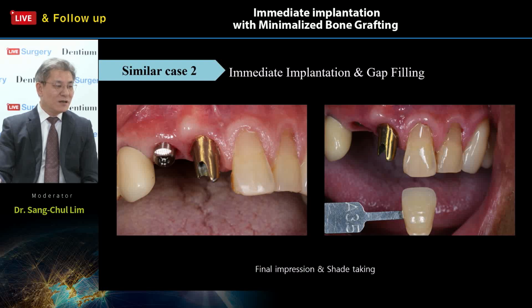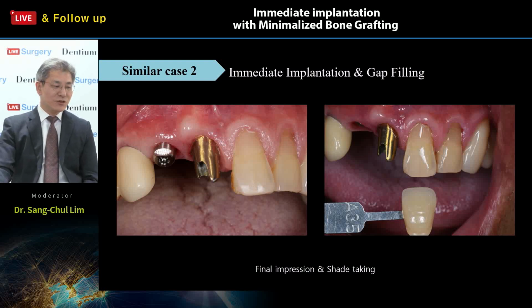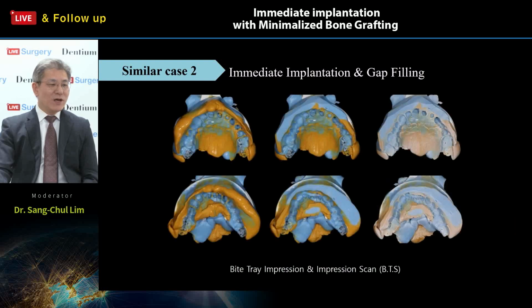And after that, changing to the final restoration, sometimes we're going to use a custom abutment and the zirconia final restoration. And when we have this final restoration, we're going to use the bite tray impression technique, BTS, just using this putty and the rubber, the light injection type, using this bite tray.